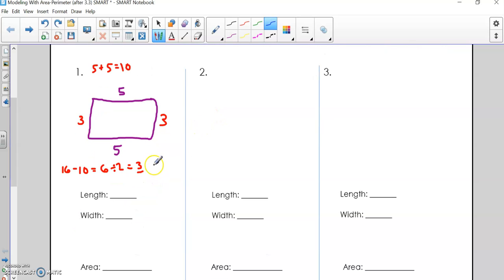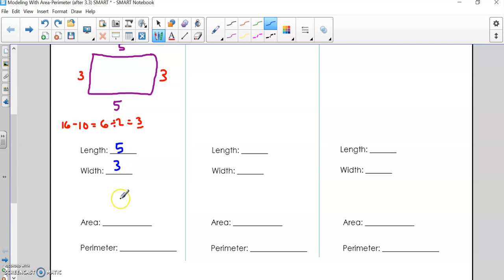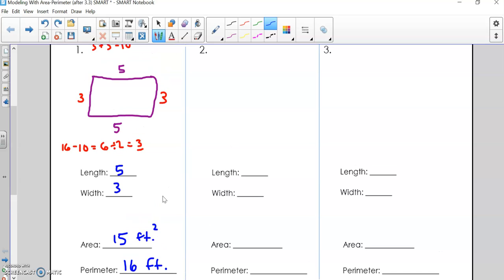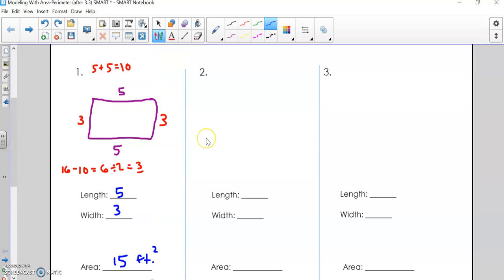Okay, so we know that our length is going to be 5, our width is 3. So our area of that rectangle is going to be 5 times 3, which is 15. And the perimeter is 16. That was the whole goal in the first place, right? And we achieved that. If we added 5 plus 5 plus 3 plus 3, we would get 16.